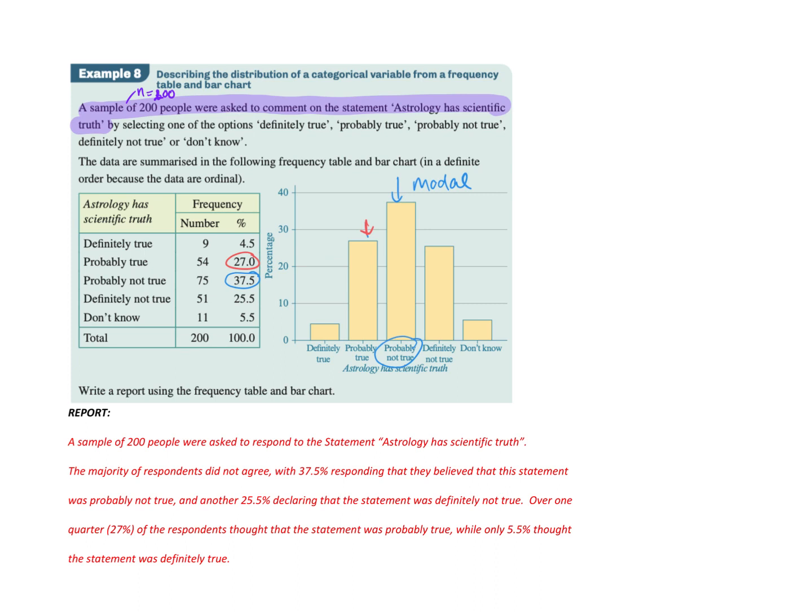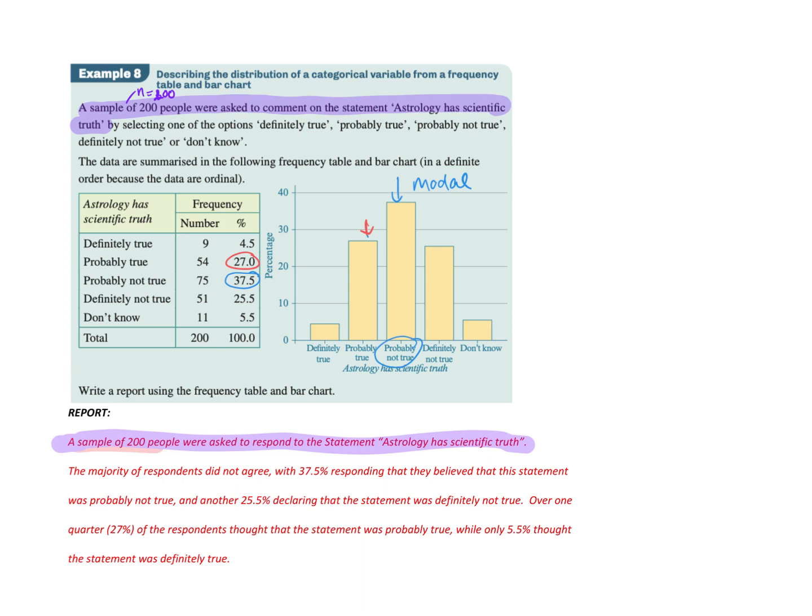So let's have a look at this using writing the report, and just to show you where they're going. So a sample of 200 people were asked to respond whether astrology has scientific truth. So we've done that. Now they're talking about the modal category. Here's the thing. So the majority, you can say the most popular.